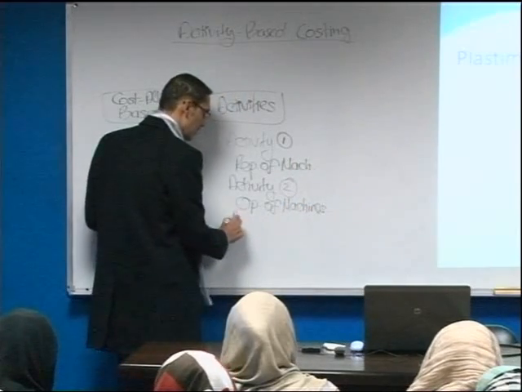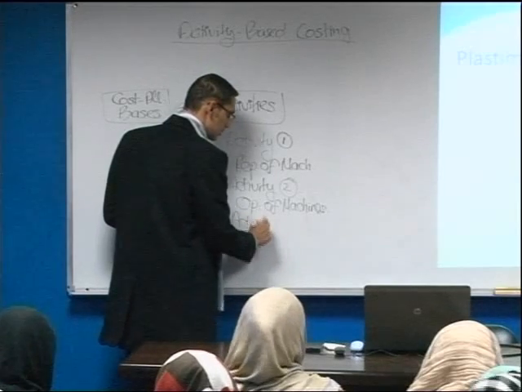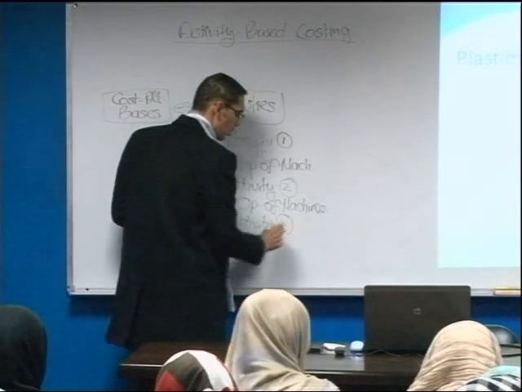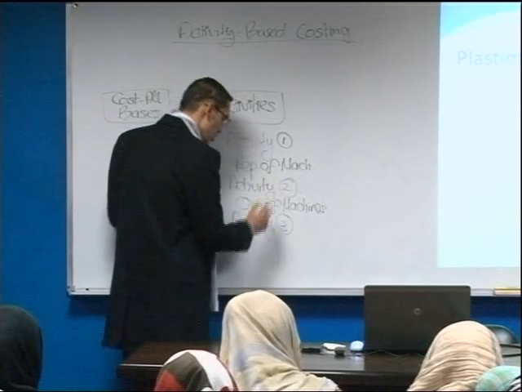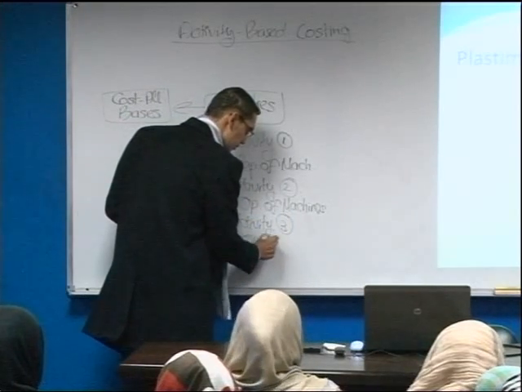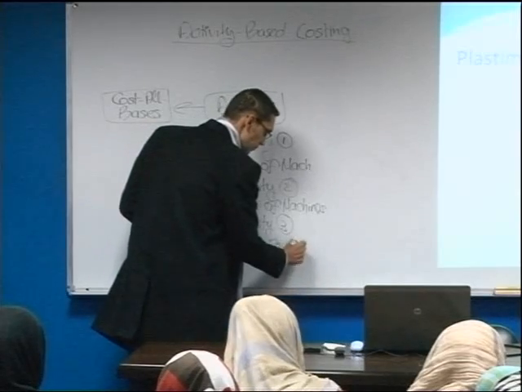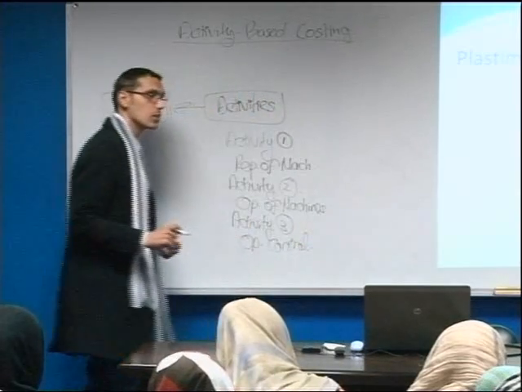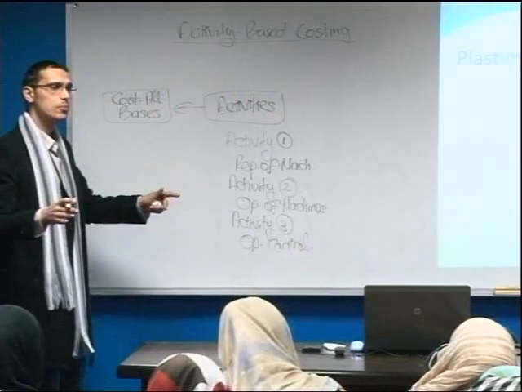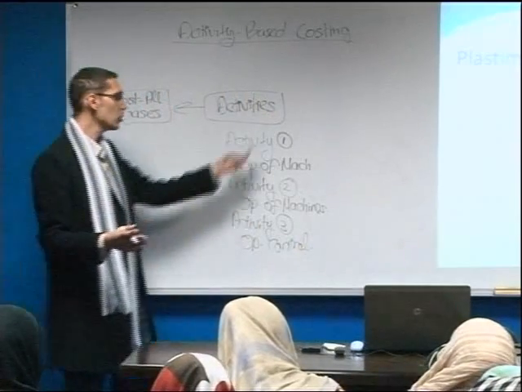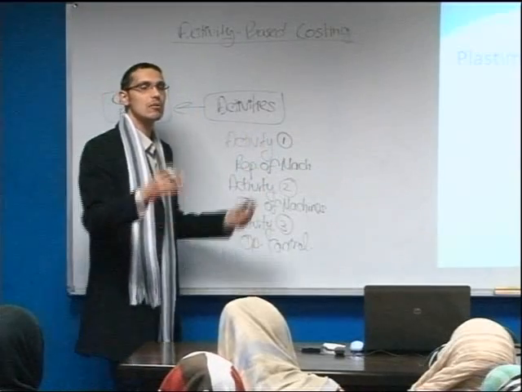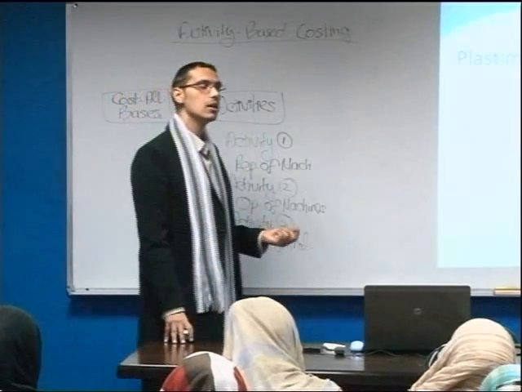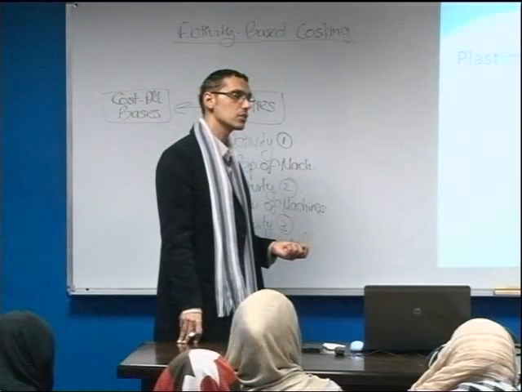For instance, activity number 3 would be the operation control. This is the step number 1 we are talking about. We need to determine all the activities. Of course, these are only some of the activities that might be in a manufacturing organization.